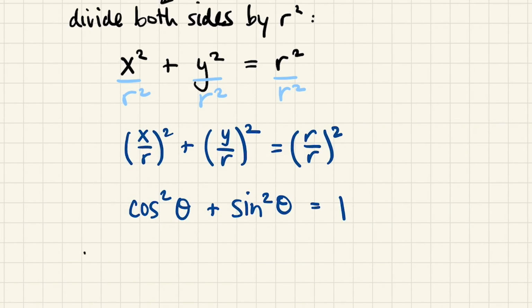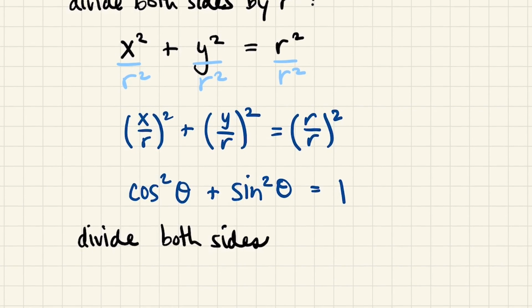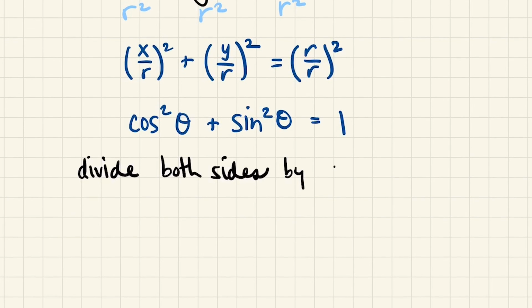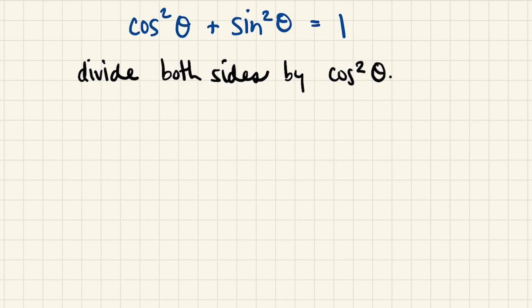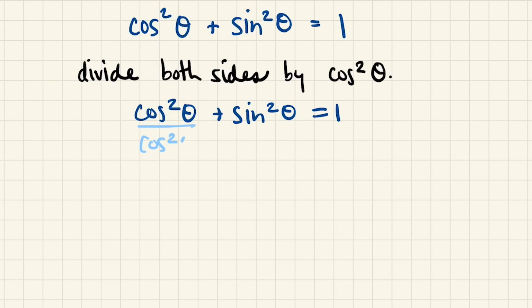And we'll come back to that one in just a moment, but let's actually go a step further here, and let's divide both sides of that by cosine squared of theta. So what we have is, well, here's where we started. And now we're dividing everything by cosine squared. So, okay, cosine squared over cosine squared is 1.